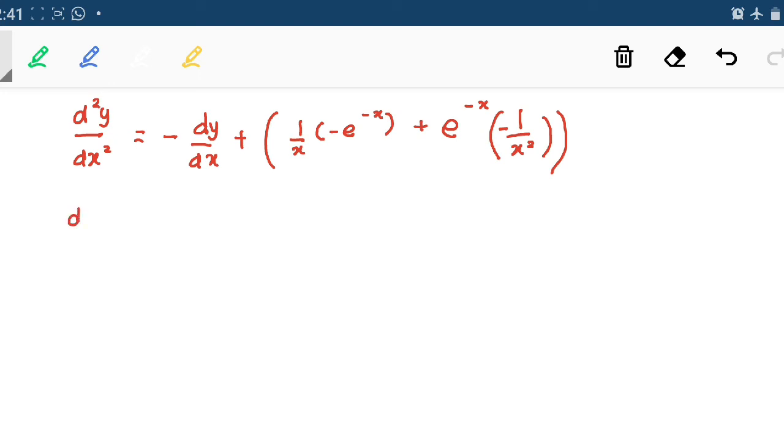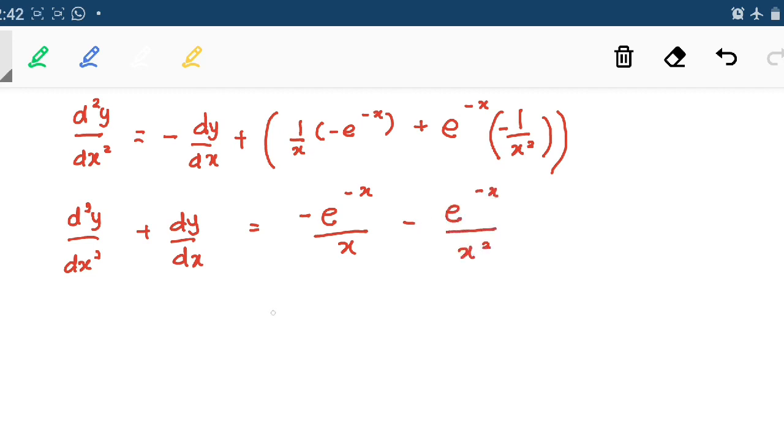So I get d squared y over dx squared plus dy over dx equal to negative e power of negative x over x minus e power of negative x over x squared. Then I equate the denominator for the right hand side. So I get negative x e power of negative x minus e power of negative x, over x squared. I move x squared to the left hand side.